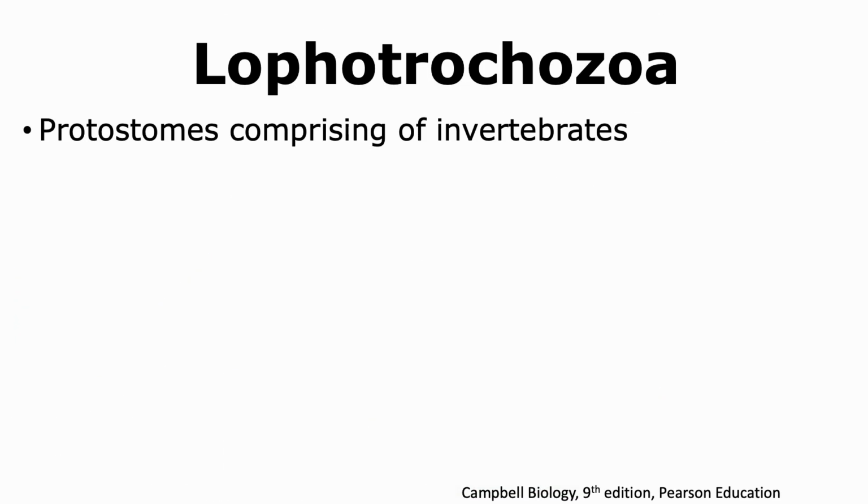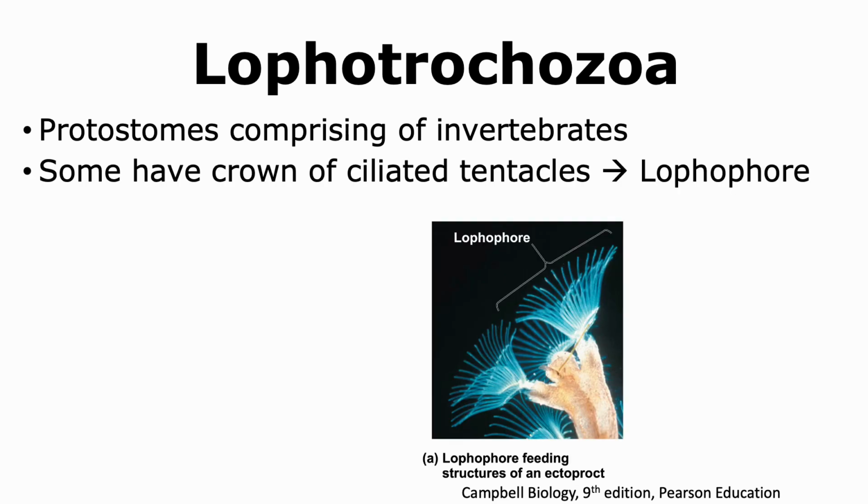Animals belonging to the clade Lophotrochozoa are all invertebrates that are protostomes. Some of them have a crown of ciliated tentacles called a lophophore, which is one of the origins of the word Lophotrochozoa.